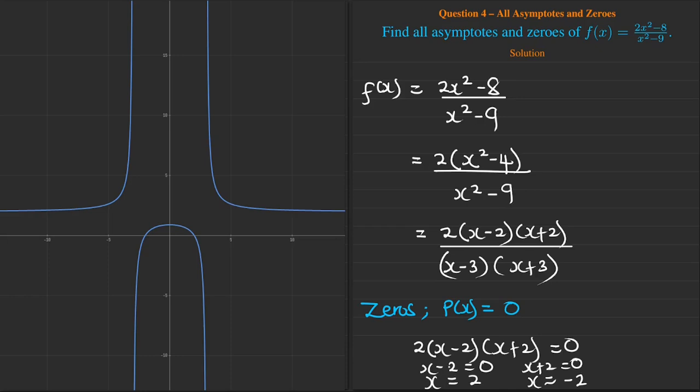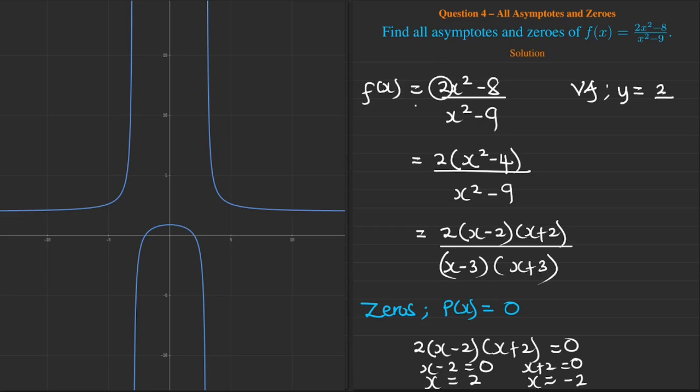When we come to the asymptotes, you realize that this time around there's nothing to cancel out. So first of all, let's look at the vertical asymptote first. You remember that we said one of the conditions is if the degree of the numerator is the same as the degree of the denominator, then it is given as y equals the leading coefficient of the numerator, which in this case is 2, over the leading coefficient of the denominator.